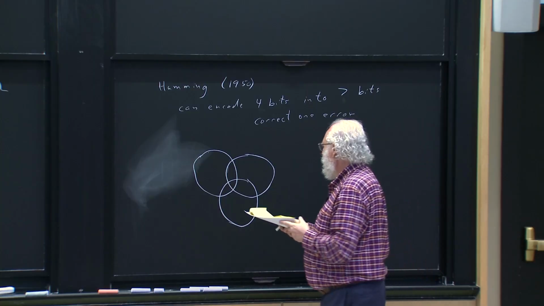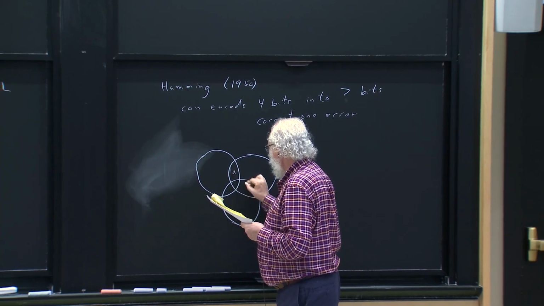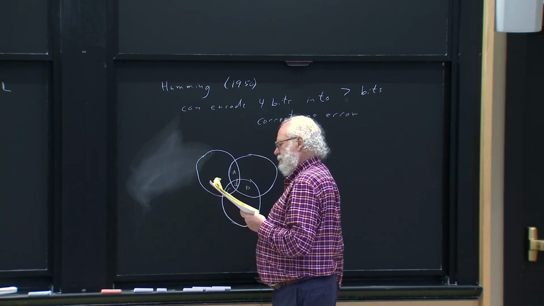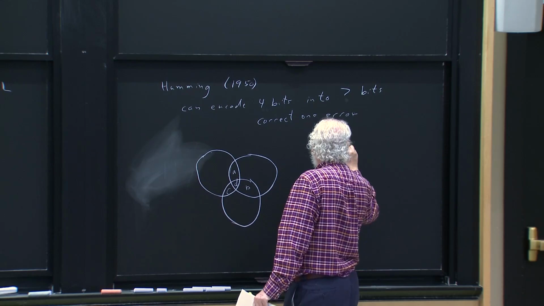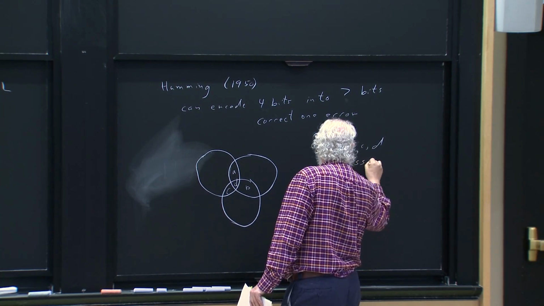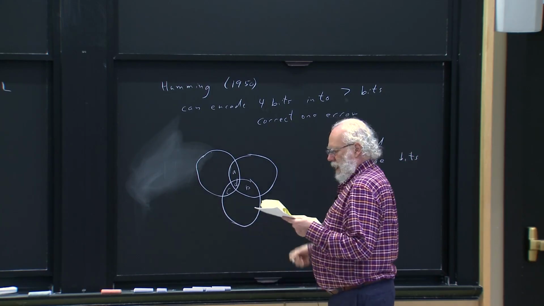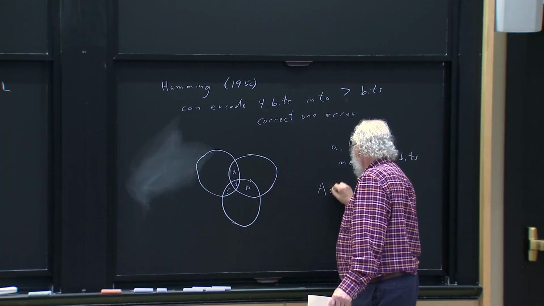So let's take the 4 bits to be bit A, bit B, bit C, and bit D. So these are the message bits. And now what we're going to do is add 3 parity check bits.